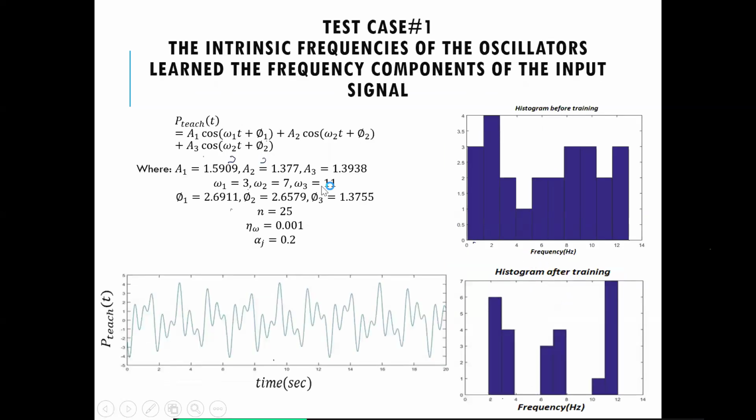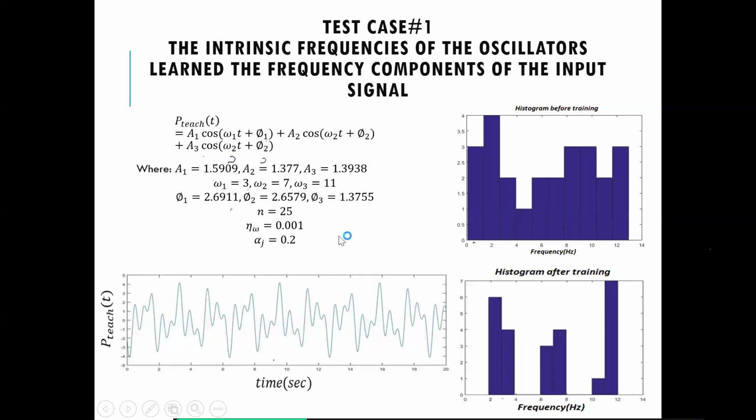Here I'm training this network on a simple signal, which is a combination of multiple sinusoids. This combination of sinusoids has different amplitudes, different frequencies, and different phases. In the first stage of training, I have a bunch of oscillators, some 50 oscillators or so. The oscillator frequencies are initialized to random values, and the histogram of all the frequencies looks something like this.